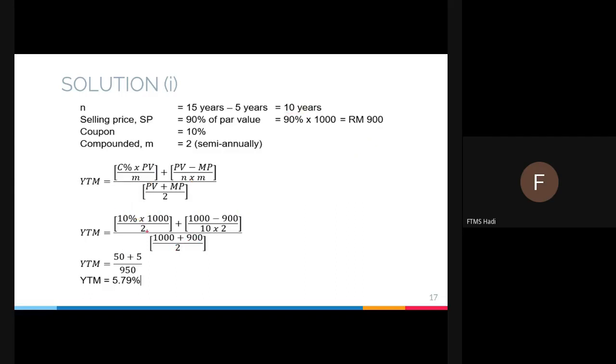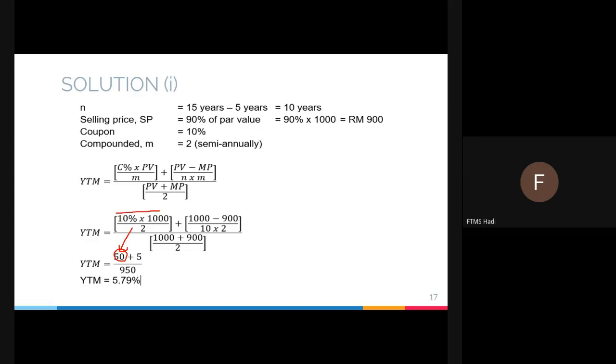So we need to calculate the first bracket, and then the second bracket, and then the third bracket before we get this. So how to get 50? 10% multiplied by 1000, you press the calculator, and after that you divide it by 2. Please bear in mind, you cannot put everything into the scientific calculator at once.